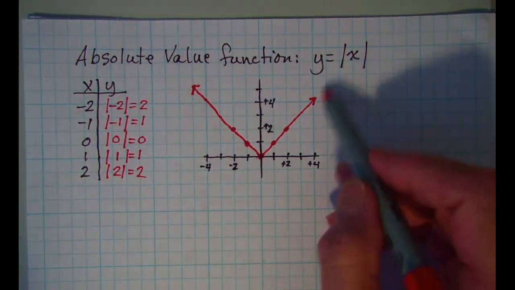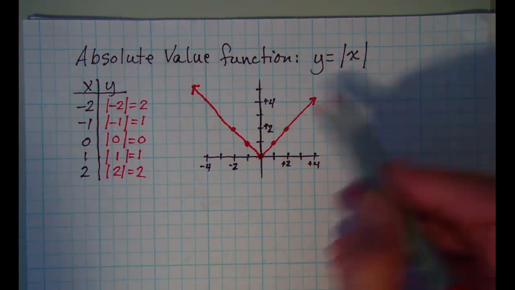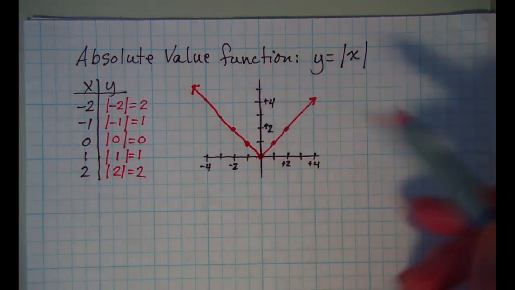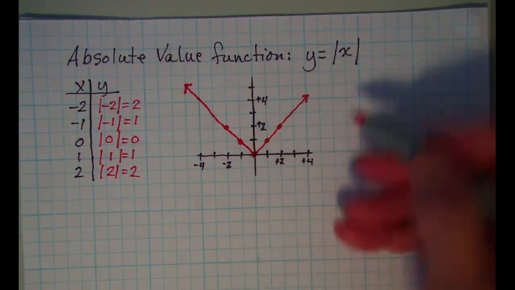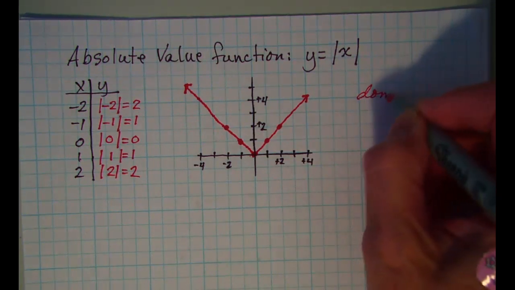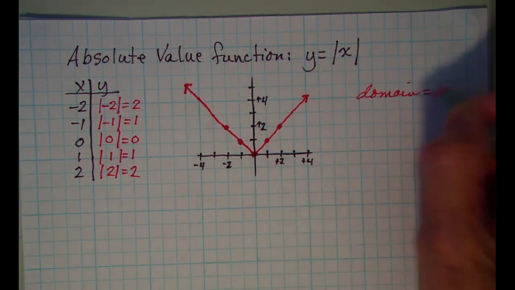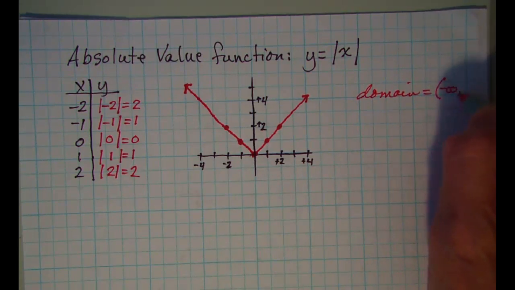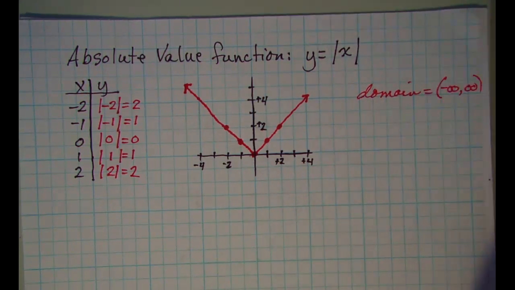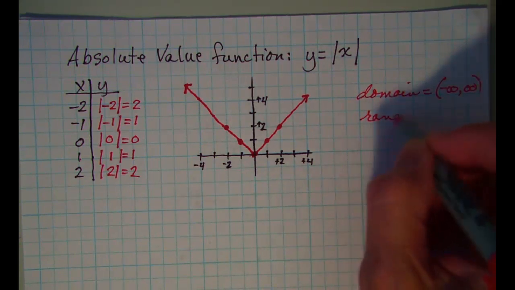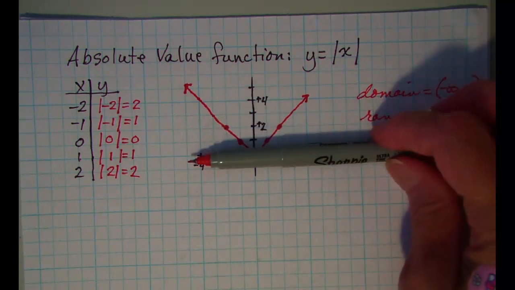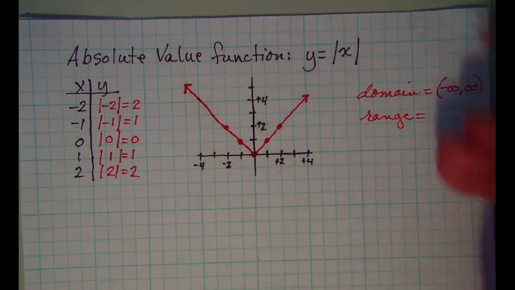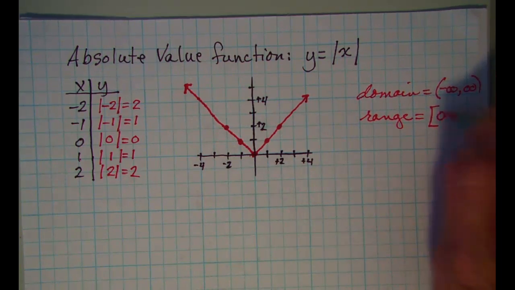So the y = absolute value of x looks like a V, whereas y = x² looks more like a U. Our domain on this function is all real numbers. Our range, you can see, begins at 0 and goes on. So our range is 0 to infinity.